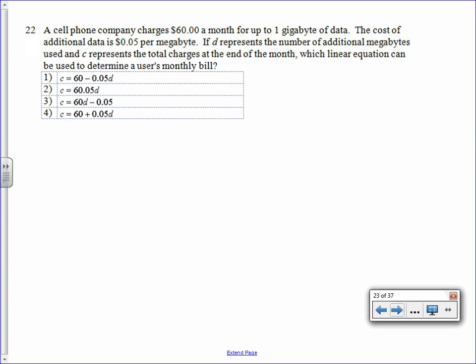A cell phone company charges $60 a month for up to 1 gigabyte of data. Take these one sentence at a time. Not too much there, but I know it's going to be $60 for a month. The cost of an additional data is 5 cents per megabyte. Per megabyte. Once I see this, I know it's going to be per x plus the one-time figure. My per is 0.05.